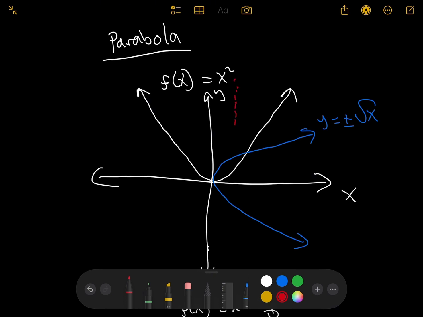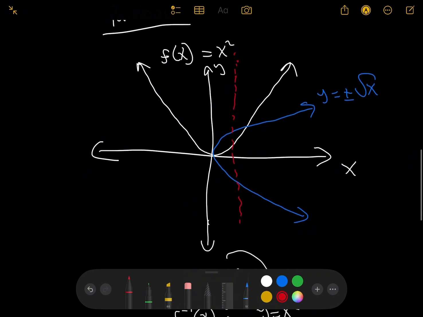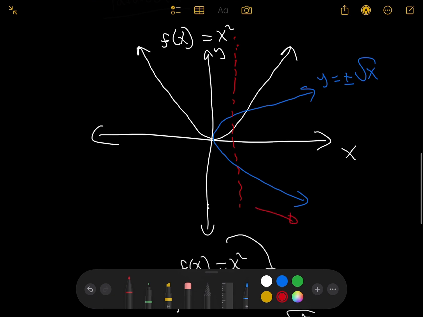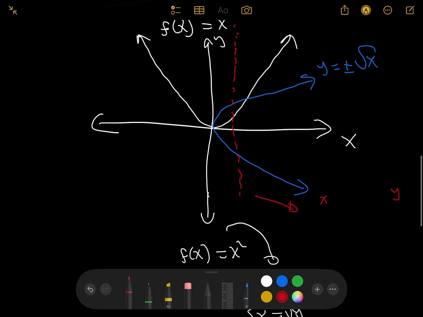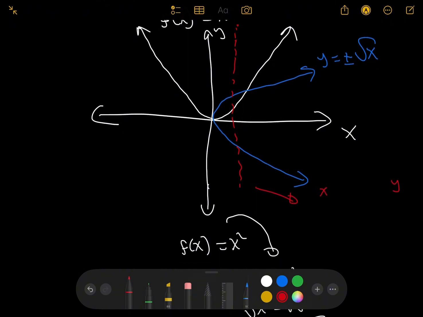It is basically a line like this, and according to the vertical line test, we must not touch the same x value for different y values, right?